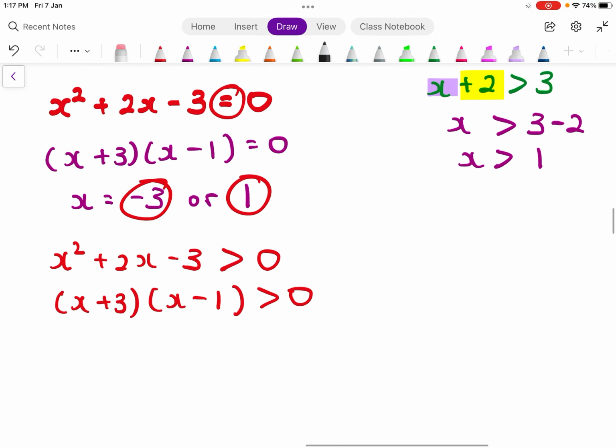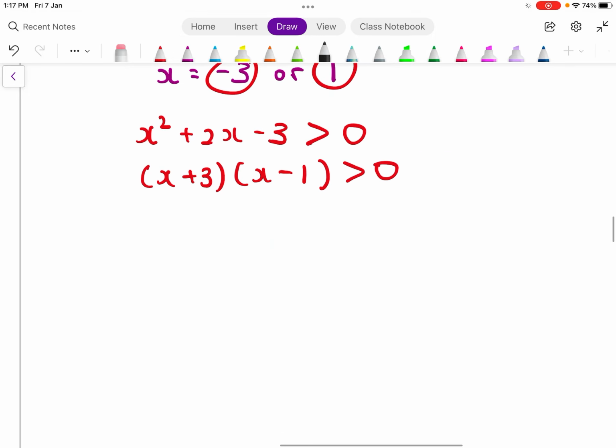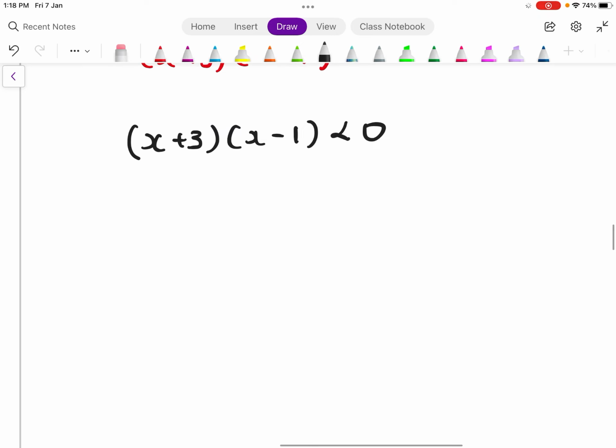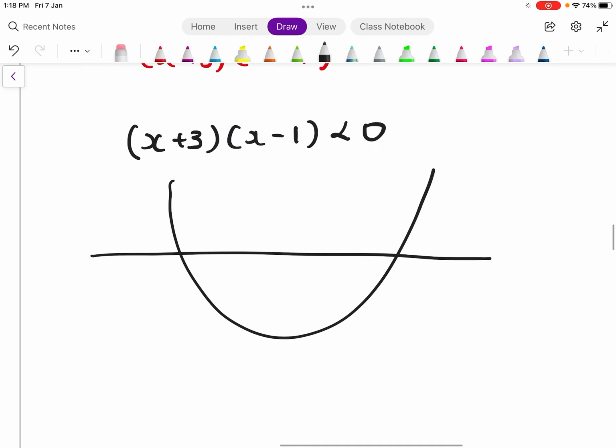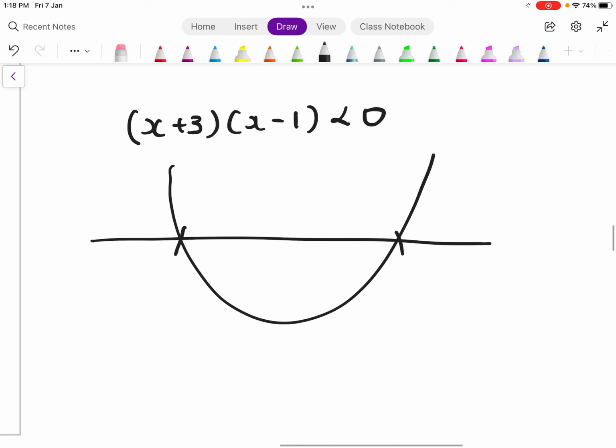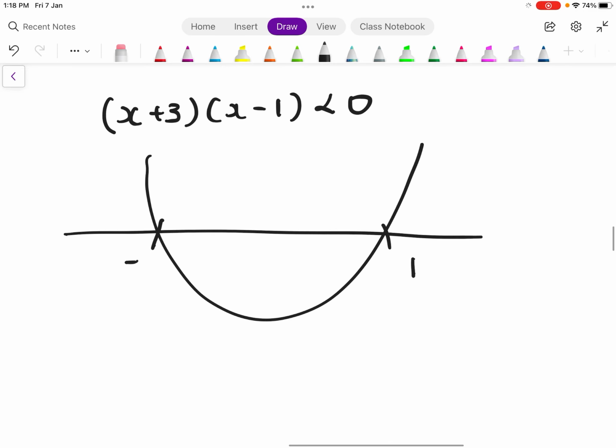Okay, so maybe I give another example with the same equation. Instead of giving you more than 0, I give you less than 0. If I give you less than 0, I draw the graph again. This is positive 1, this is negative 3. Since you want less than 0, you must look at the bottom, the negative portion of the graph.